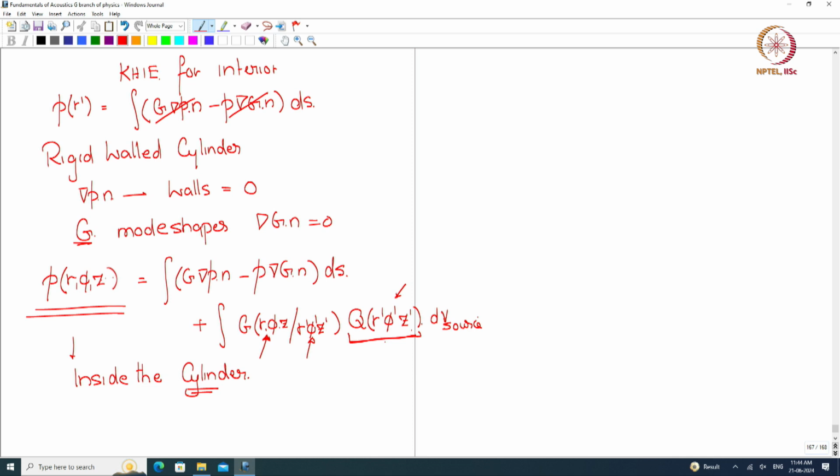For example, if walls are rigid, then the ∇P·n term is 0, or if walls are pressure release, then the P ∇G·n term is 0. If neither is true, then you have the full KH integral equation, the surface terms and the source term.